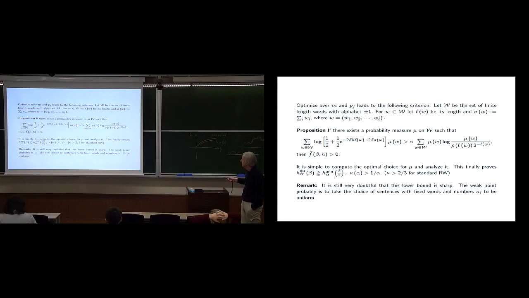Now finally you optimize over m and these pj's, and let n go to infinity. pj was the relative proportion of word j in this collection. What you are getting is the following criterion. It takes a little bit of effort to do the computation. If there exists a probability distribution mu on the set of words which has the property that the integral of log of this expression with respect to mu is bigger than alpha times the relative entropy between the measure mu and this measure here.